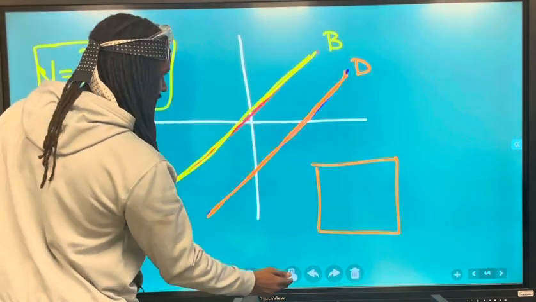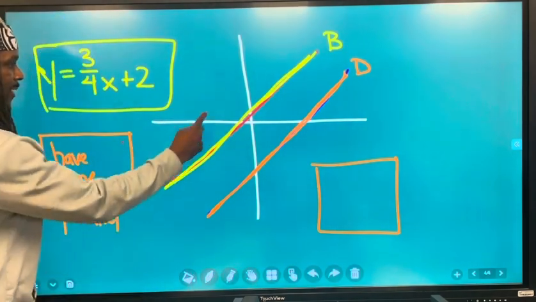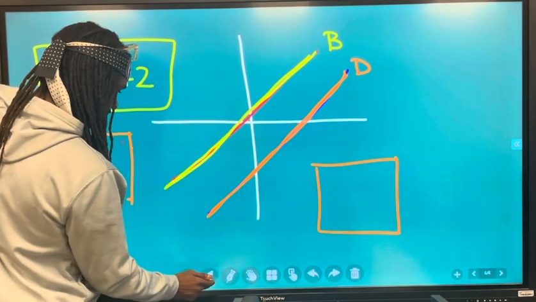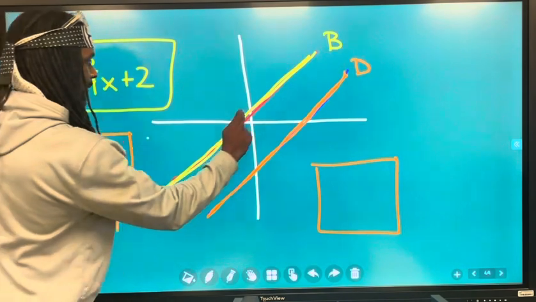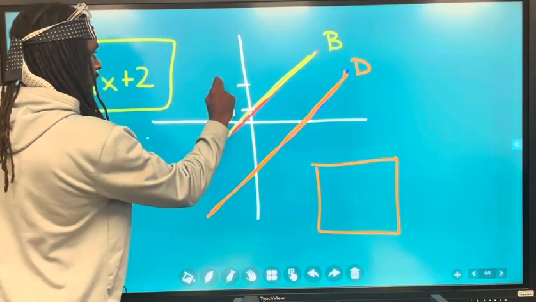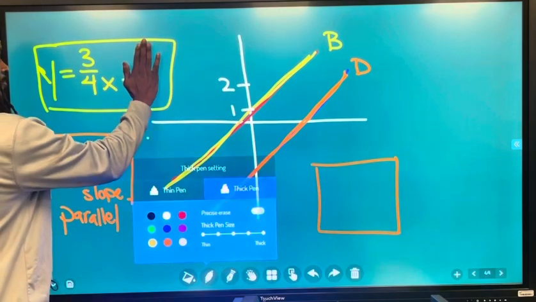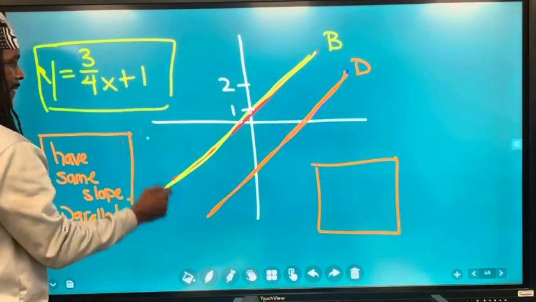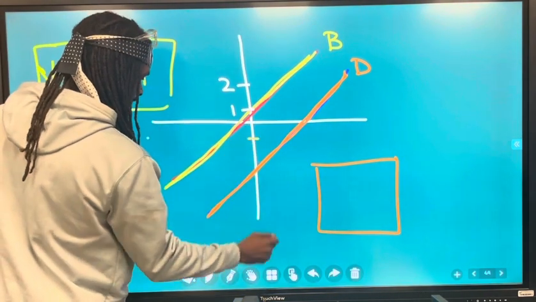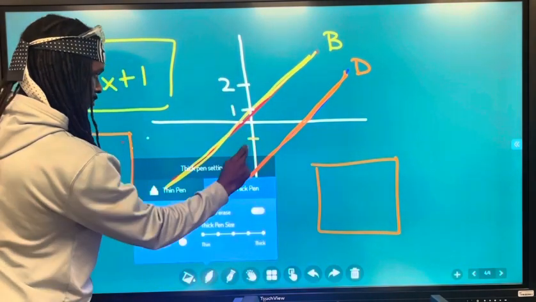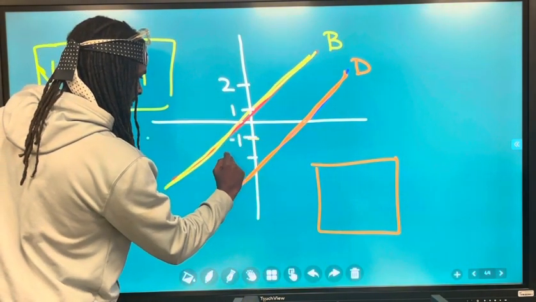Let's say this crossed at the y-intercept. We'll call this 1, we'll call this 2, and this one -1, -2.